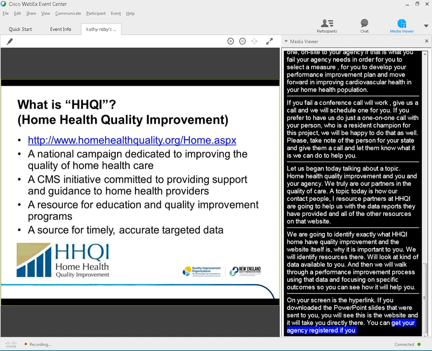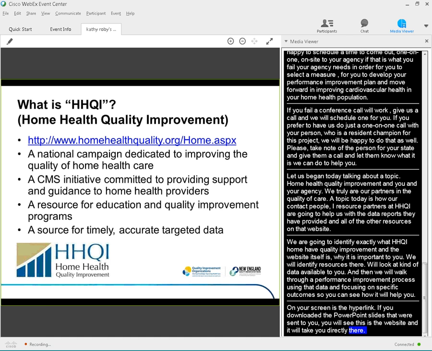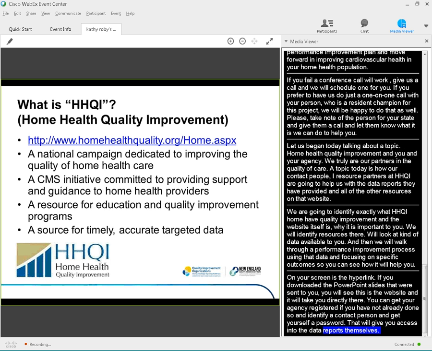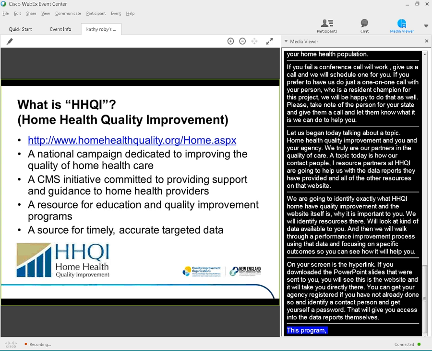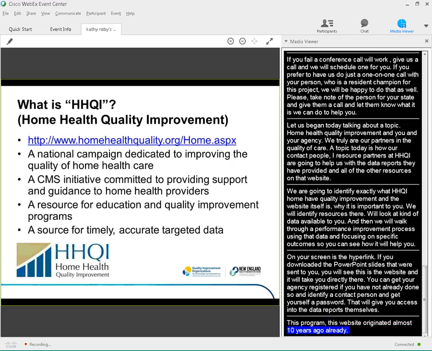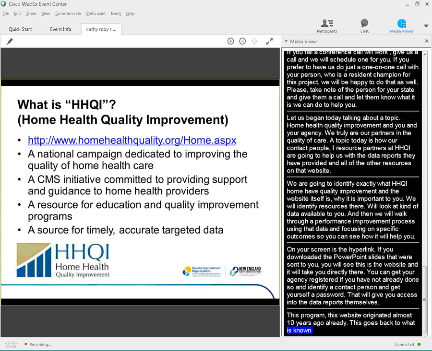This program, this website, originated almost 10 years ago already. This goes back to what is known as the 8th scope of work. We are currently in the 11th scope. So that was 3 projects ago, and as I said, it's almost 10 years old already.